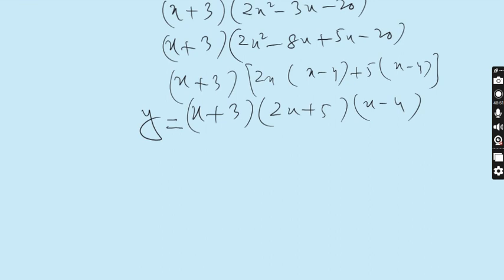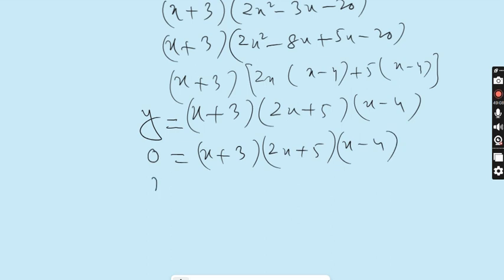It's time to find the axis intercepts. First find the x-intercept. Write y equals 0, x plus 3, 2x plus 5, x minus 4. This gives x is minus 3, minus 5 upon 2, and 4.